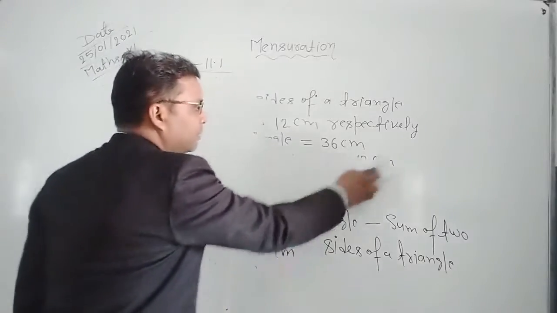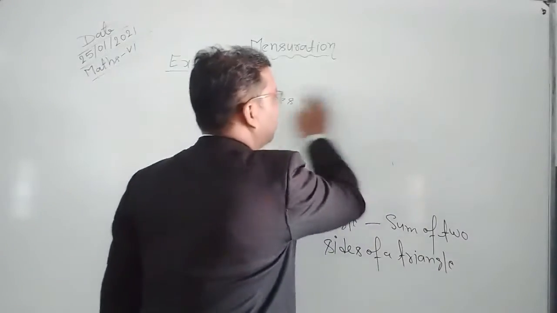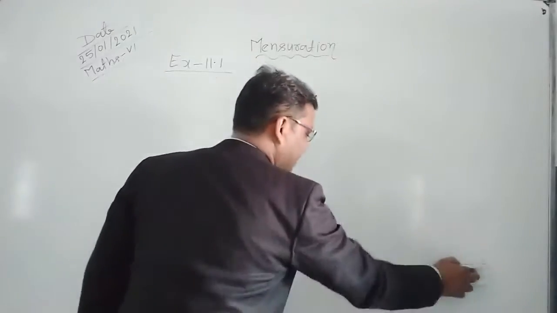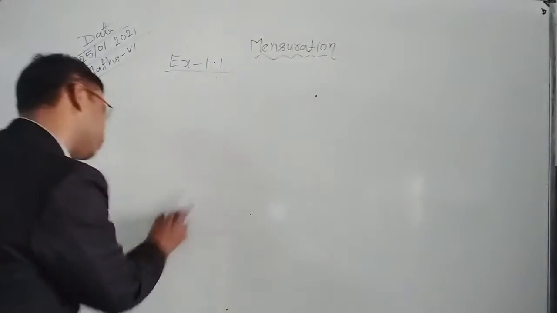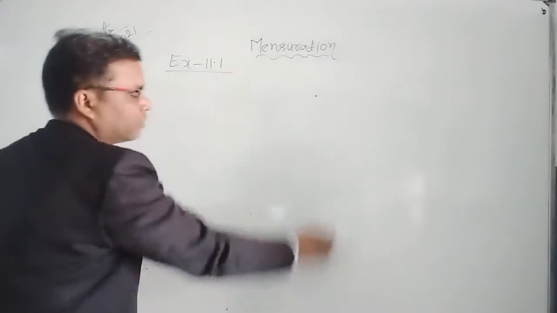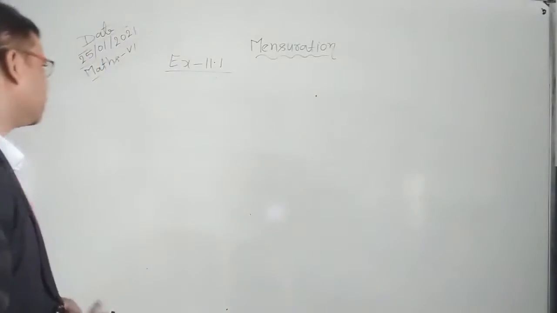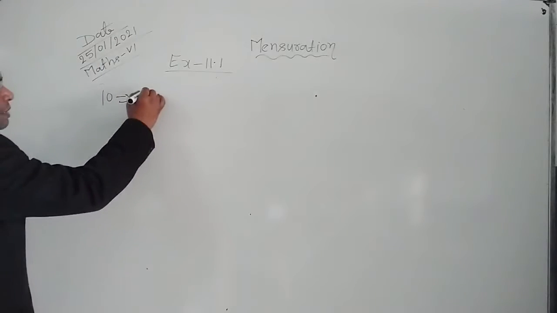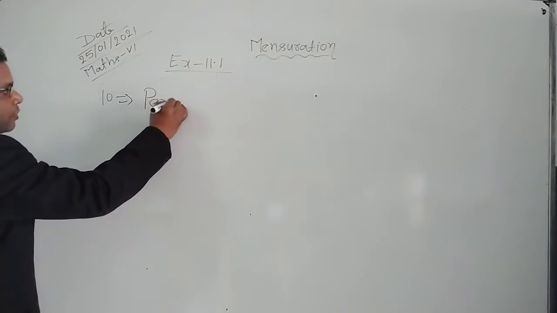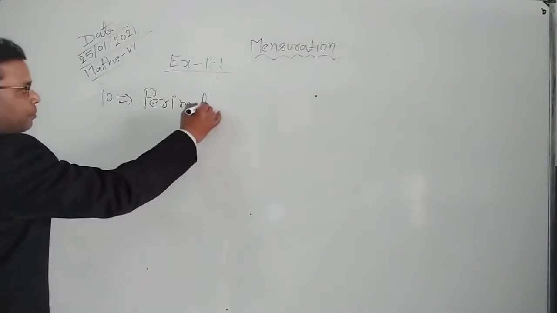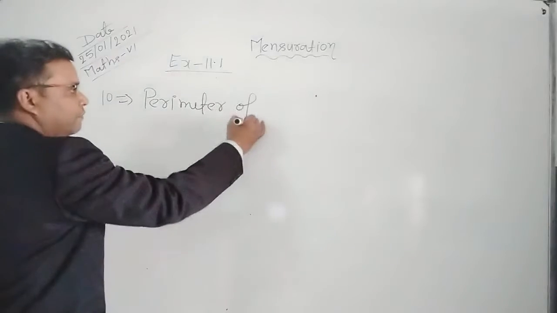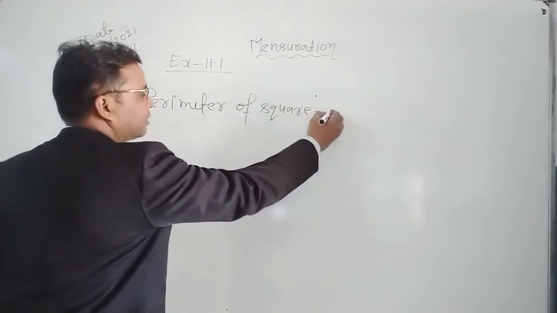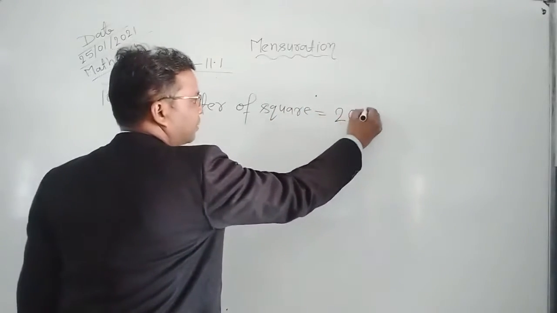Now, question number 10, given the perimeter of square. I hope all of you know square, and you can see in your book and also inside. Okay. So question number 10. Here we write perimeter of square. Perimeter of square is given here 20 meter.